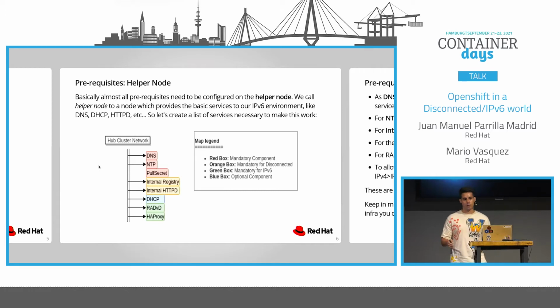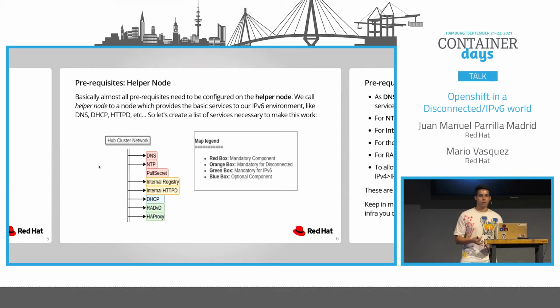So we will take a look at those in the next slide, but let's review quickly what those services are. First, we have the DNS service. Of course, we need DNS records in order to deploy Openshift. Depending on the deployment model that we will use, Juan will talk about that later, DNS records will be required for installation or not.